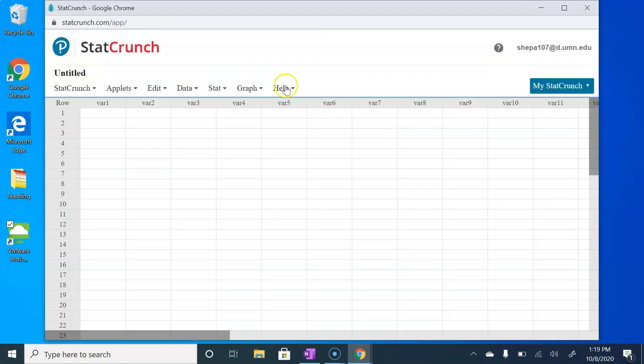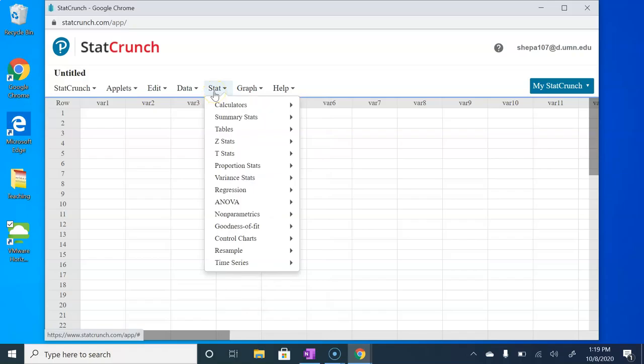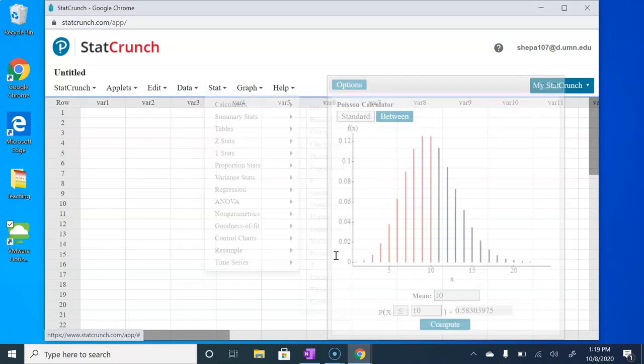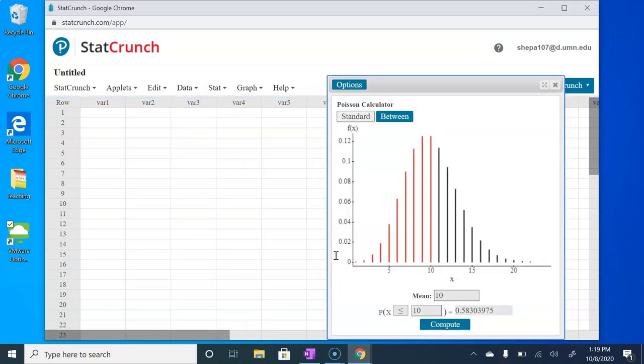So I can click on Stat, Calculators, and we're talking about Poisson distributions. Certainly you could use this for questions that are in the table to check your answers. I wouldn't rely on this too heavily because I do want you to learn how to use the tables appropriately when we have them. But in a problem like this, we do need to use the calculator.